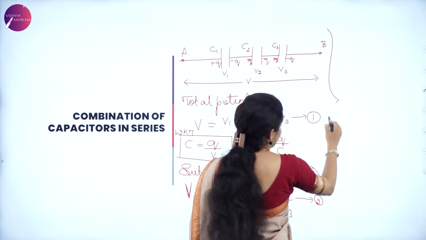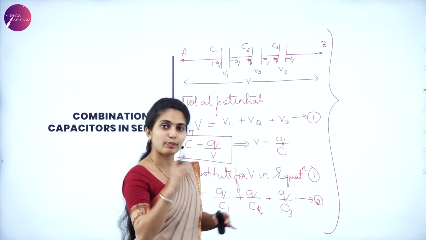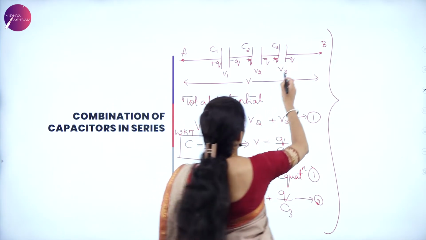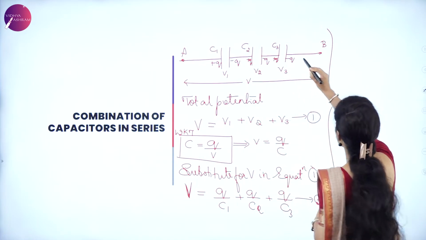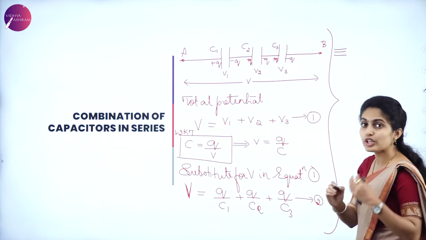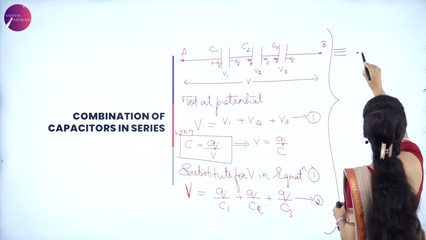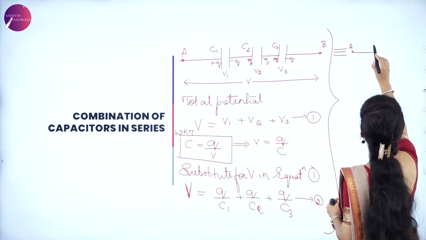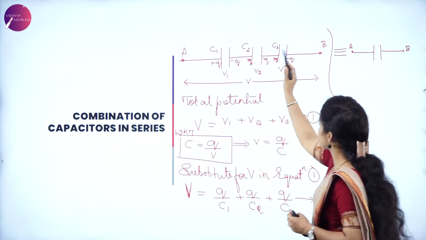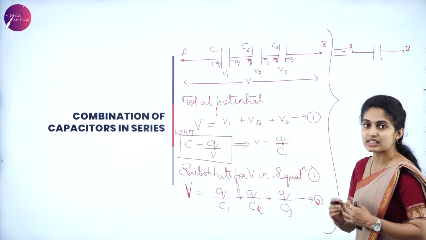And now let the system of capacitors be replaced by a single equivalent capacitance. That is, capacitors in series are replaced by an equivalent capacitor, and this symbol shows the equivalent connection. Point A is connected to a capacitor and then B. The whole series set is replaced by one single capacitor.